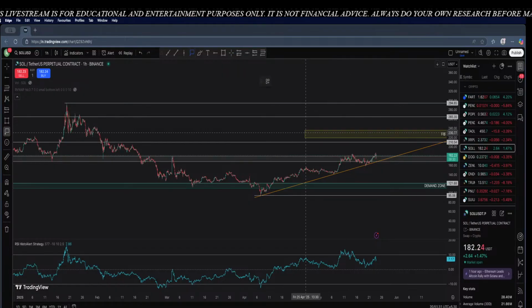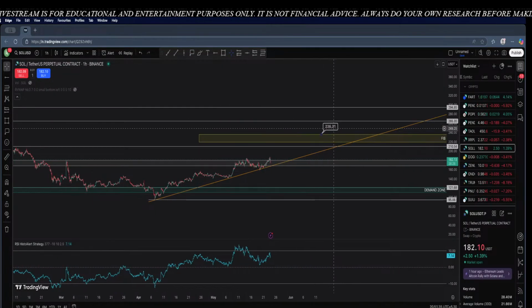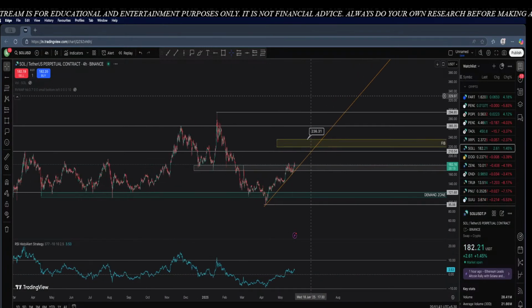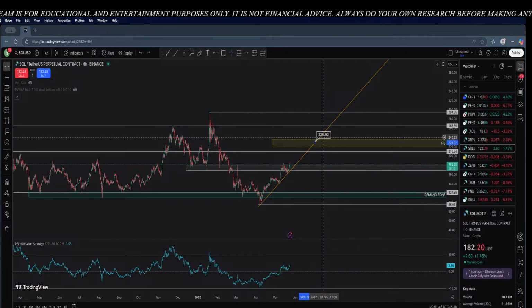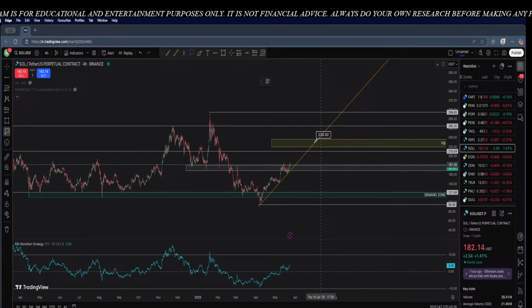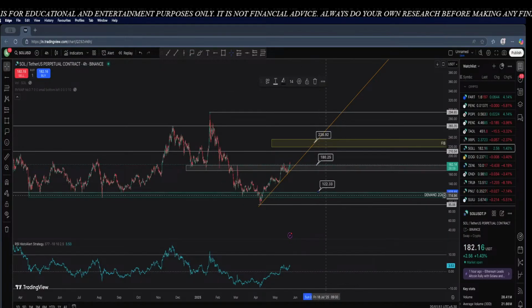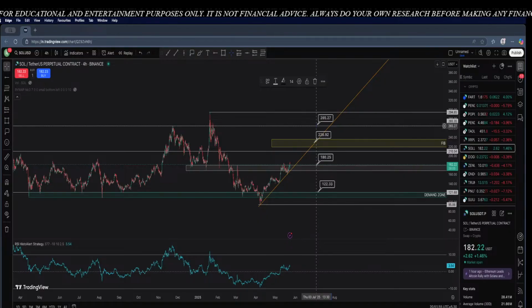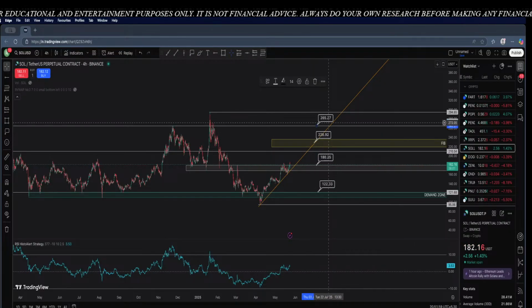So if I set up some potential price points for Solana, it would be these. These would be the price markers. Let me pull up the 4 hour chart. This is going to be potential price targets for Solana and also key levels as well. So these levels are going to be key levels on Solana.